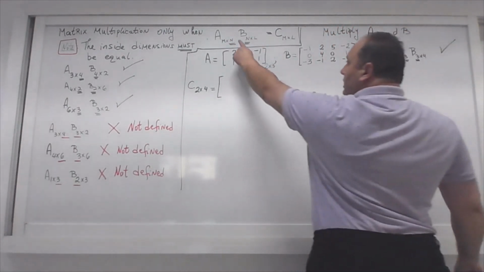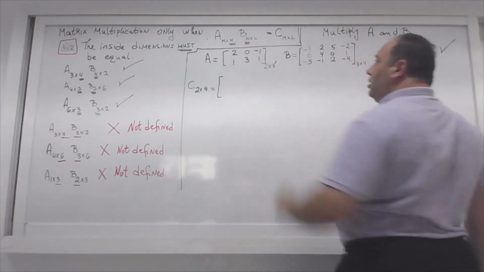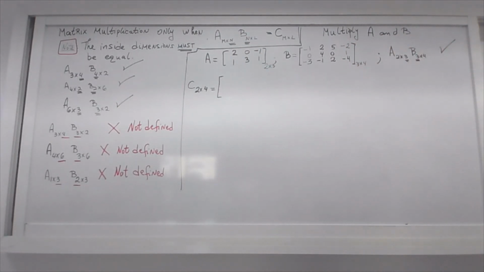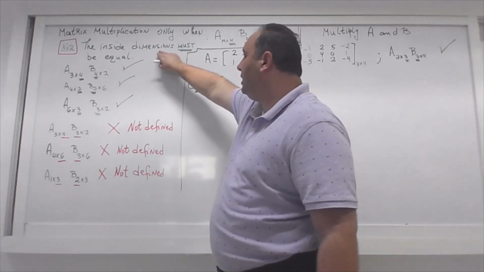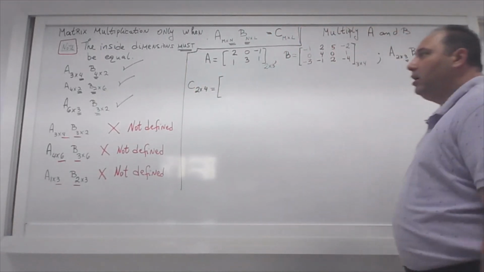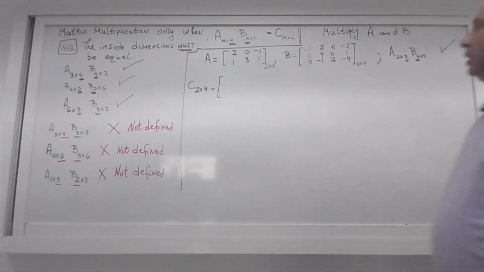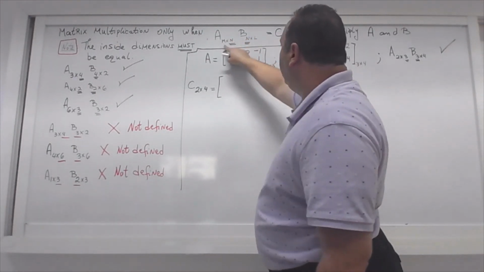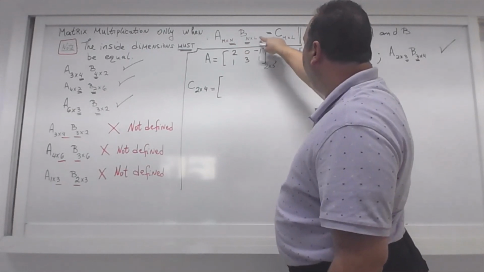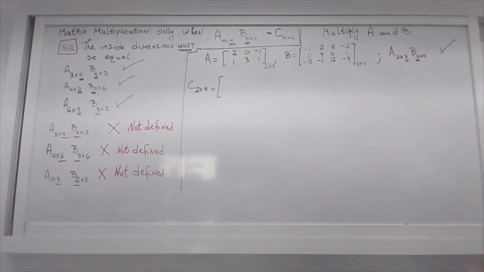What matters is that the N are the same values. Otherwise I cannot do the product. So that's why this is super important, that inside dimensions must be equal. The resulting matrix of the product will be matrix C with dimensions M by L.